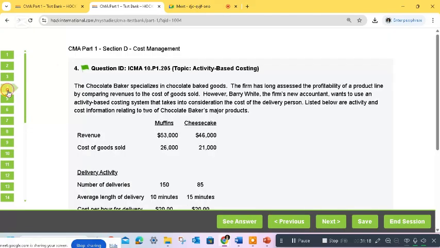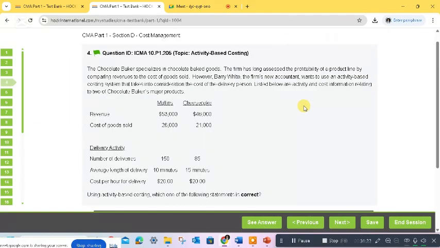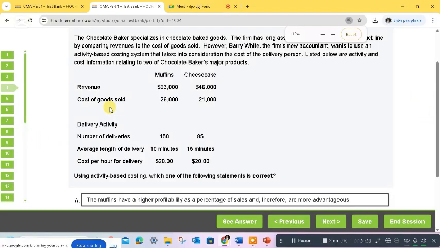We'll start with some numbers. Yes. Muffins and cheesecakes. The chocolate baker specializes in chocolate baked goods. The firm has long assessed the profitability of a product line by comparing revenues to the cost of goods sold.